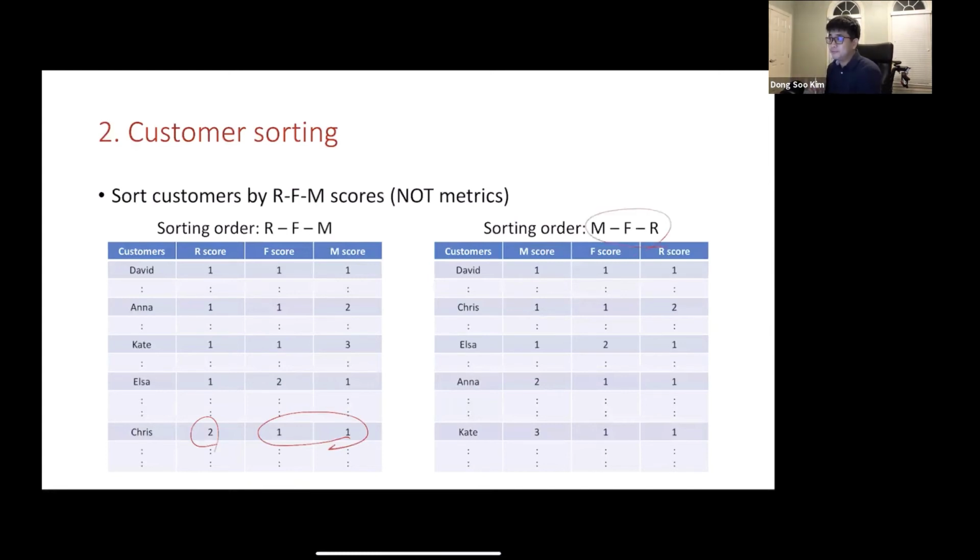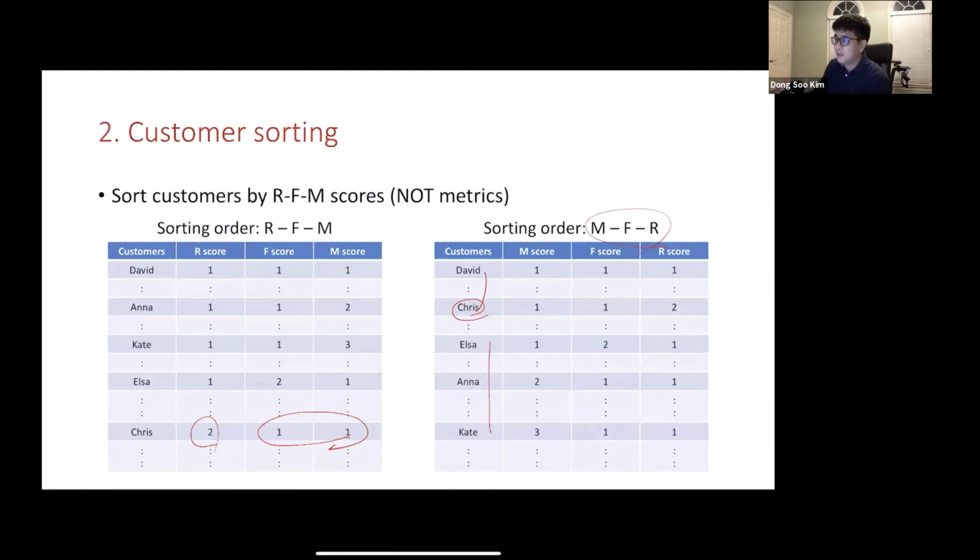right table, Chris is next to David, followed by Elsa, Anna, and Kate. So, if the company picks targets in the left table, David and Anna are highly likely to be selected, and Chris may not be chosen.